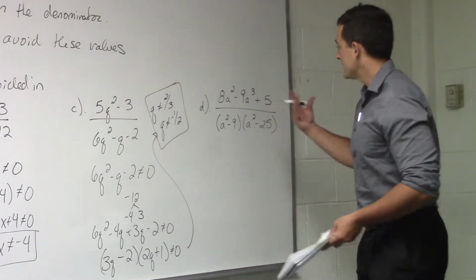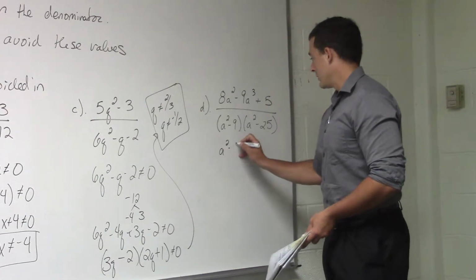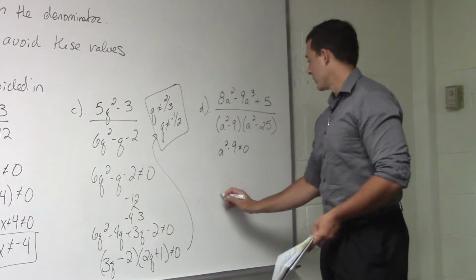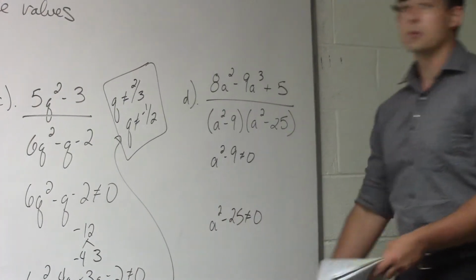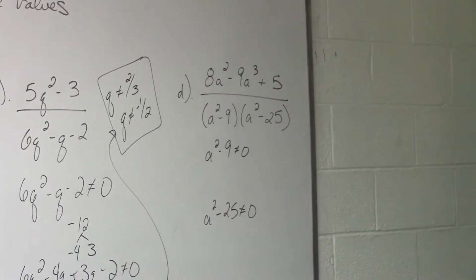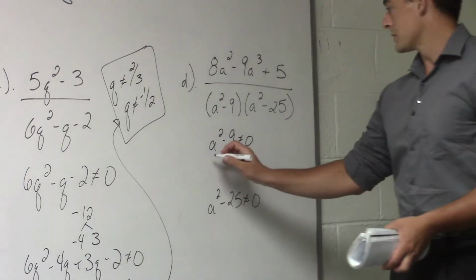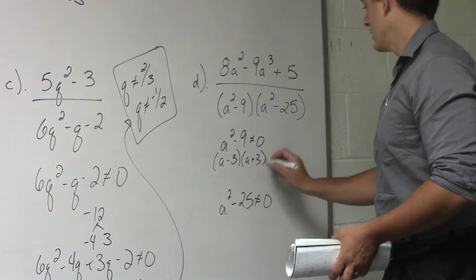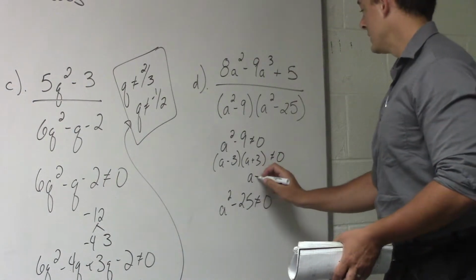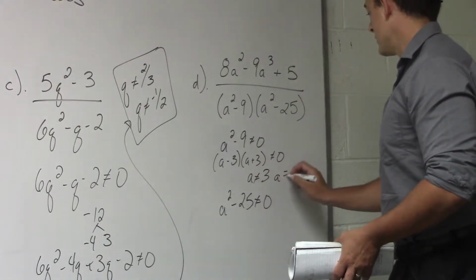Okay, and then part D, I know it looks more complicated, but it should actually work a little bit easier because the factoring should be easy. If you recognize the difference of 2 squares, you know that this one's going to pull apart as a minus 3, a plus 3, not equal to 0, which means I've got 2 values to avoid here.